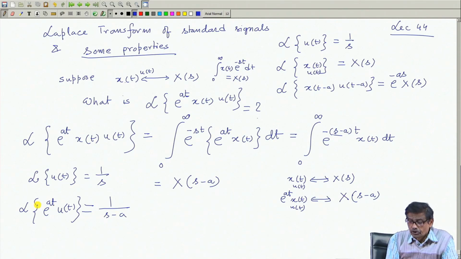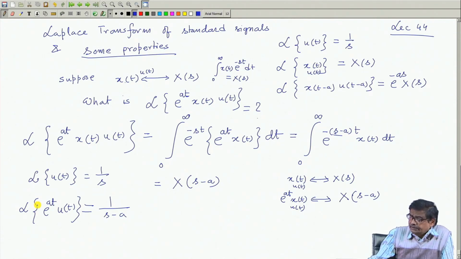So, if you multiply a function with the exponential e to the power at, its Laplace transform will be X(s minus a). So, practice it and you can find out anything. Okay. So, this is the thing.